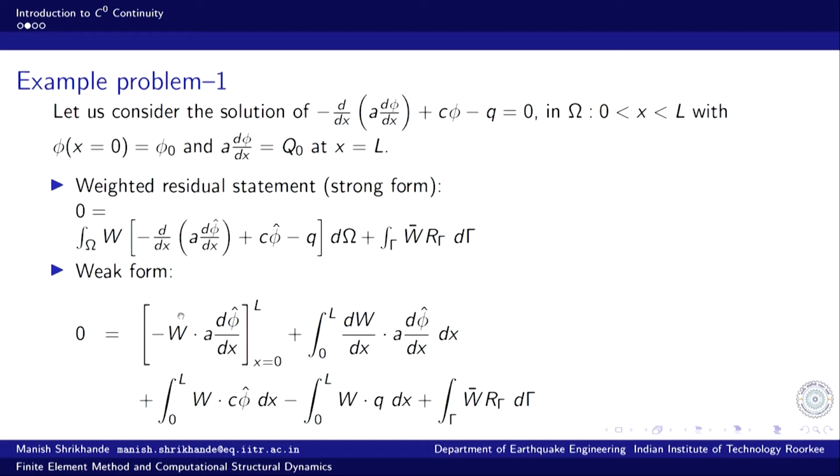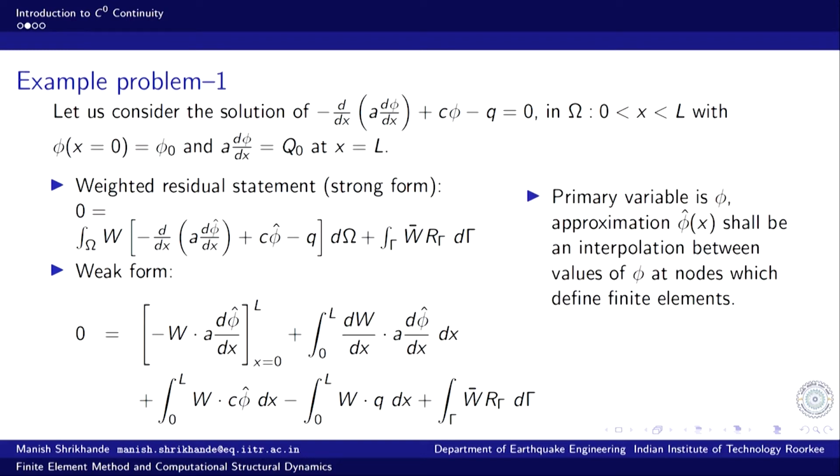So, the primary variable of the problem is the unknown function phi, and the coefficient of the weighting function in the boundary term is the secondary variable. The boundary condition on the secondary variable is the natural boundary condition at x equal to L. The boundary condition imposed on the primary variable phi at x equal to 0 is the essential boundary condition of the problem.